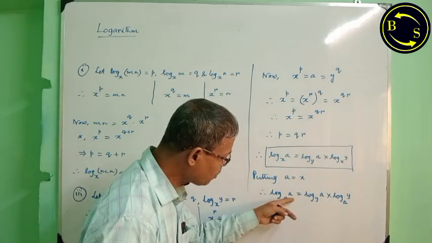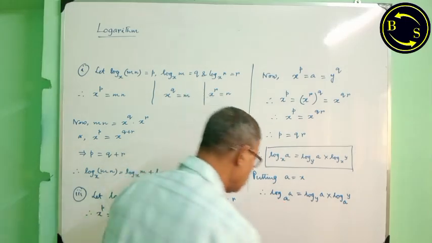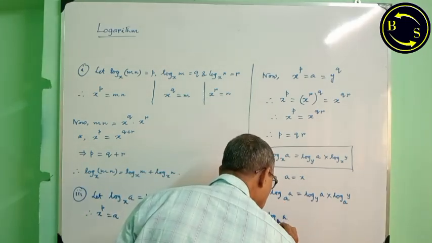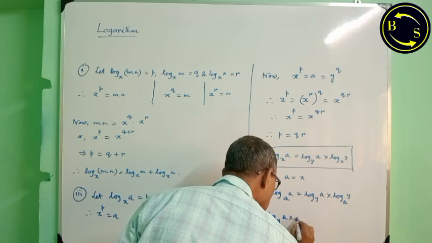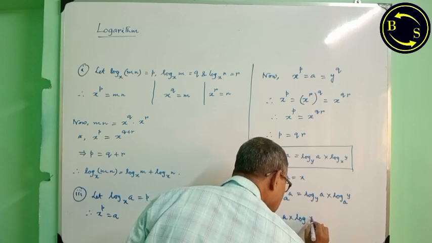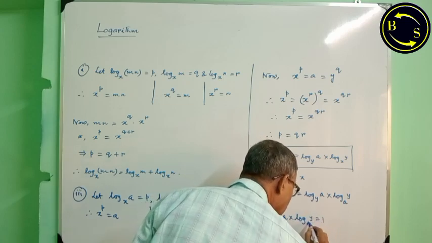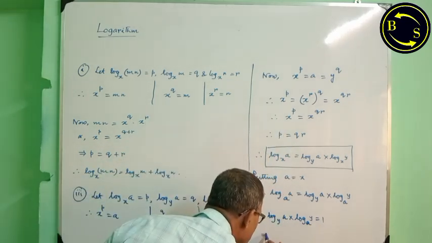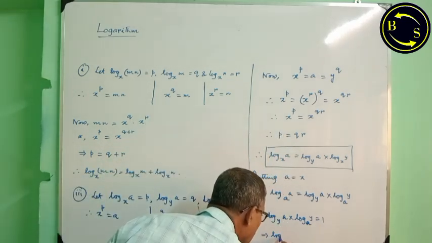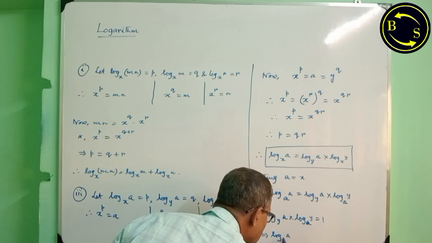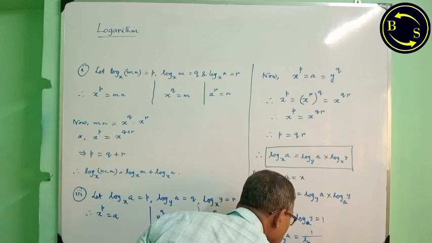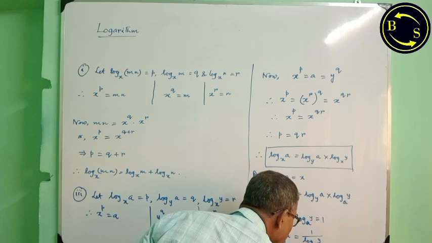Now log of a to the base a is 1, therefore log of a to the base y into log of y to the base a is equal to 1, from which we can write log of a to the base y is equal to 1 by log of y to the base a.